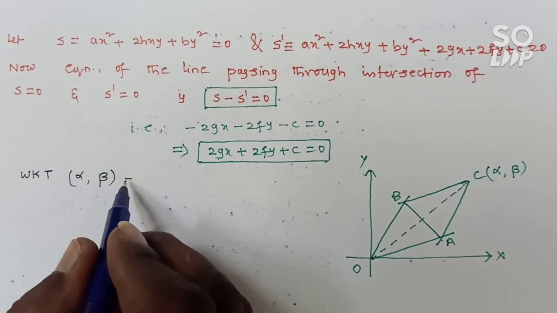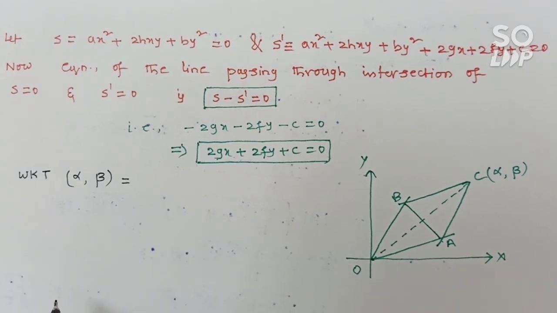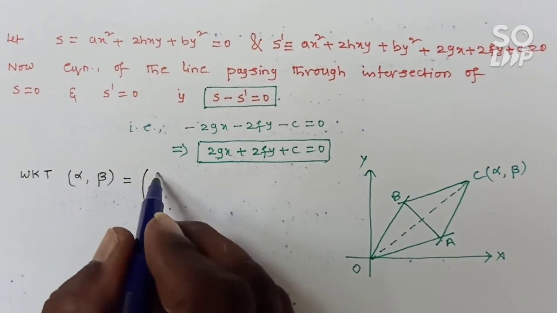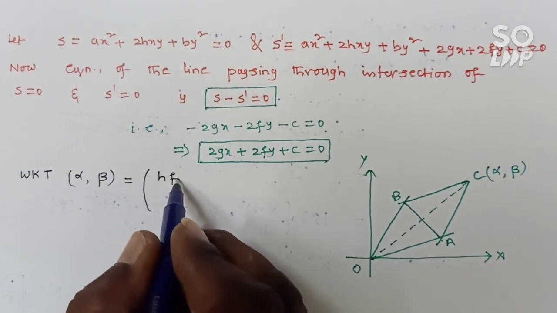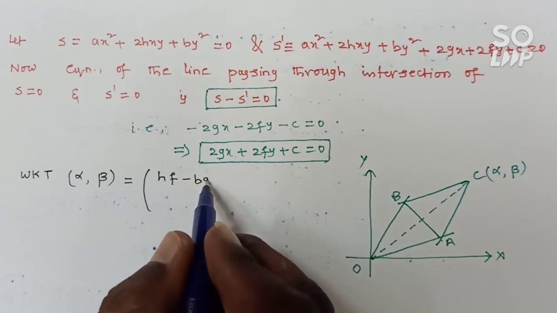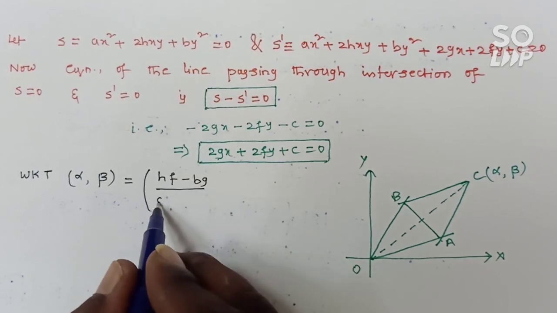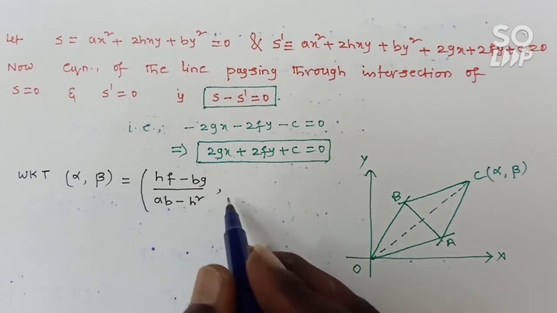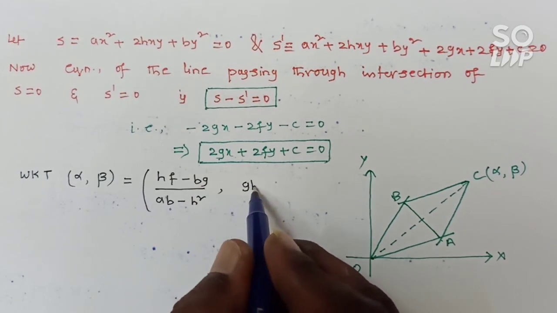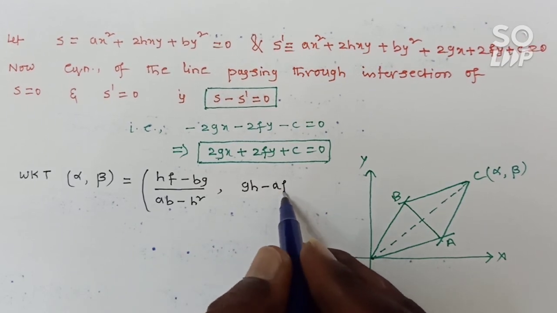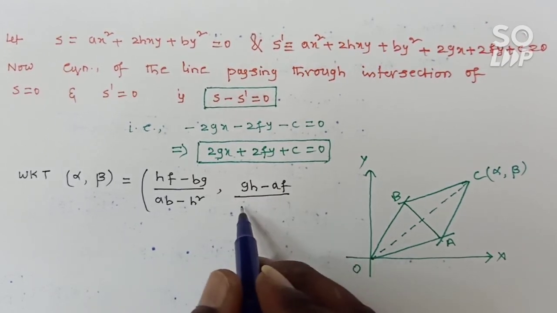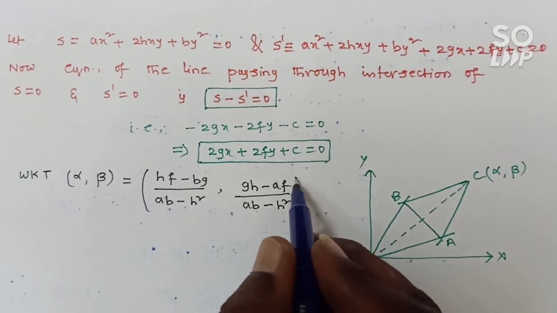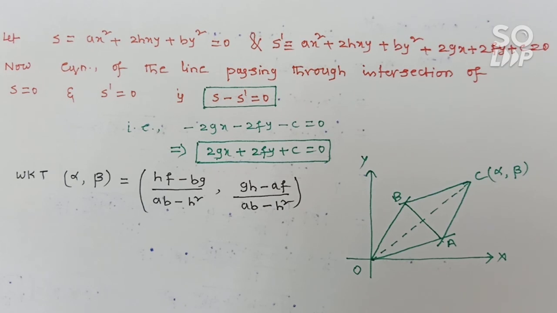There are two expressions: one in terms of the root, and the other one is hf minus bg by ab minus h square, comma gh minus af by ab minus h square. So this is alpha comma beta.